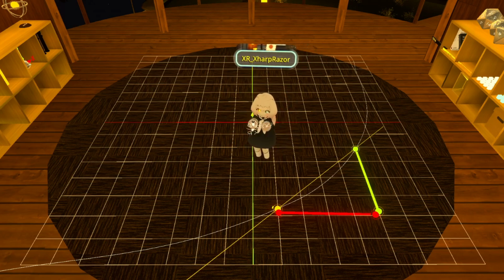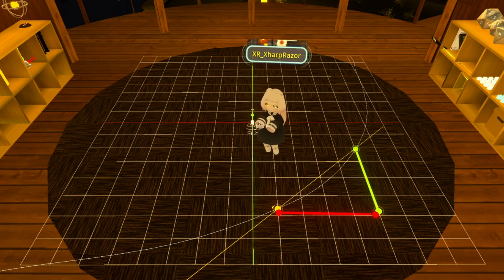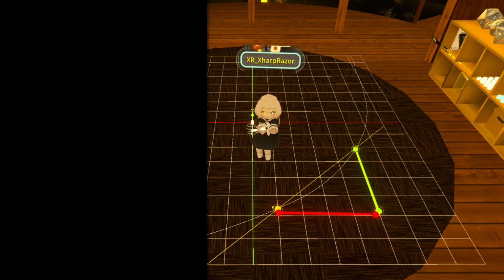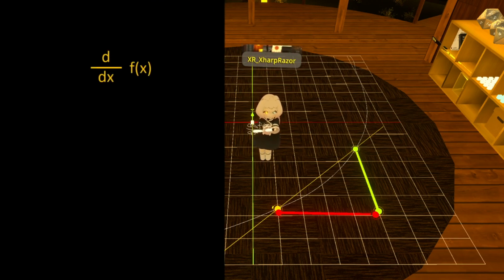So this just means that we're going to take the derivative of f of x, taking x as our input. Another way we can write this is to put f of x on the other side.